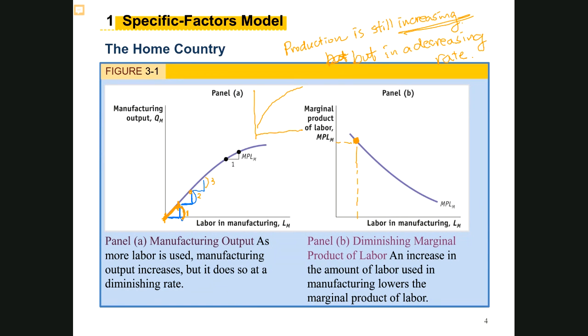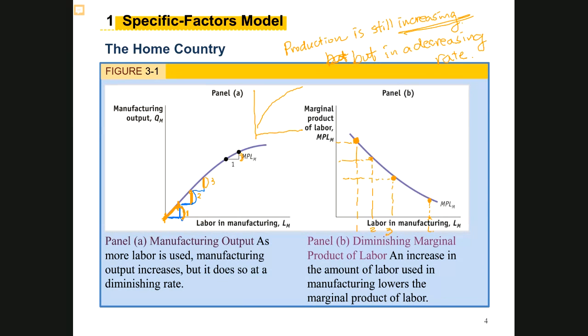The second laborer you hire gives you a smaller marginal productivity of labor, which is this part. And a third laborer you hire gives you an even smaller MPL. At last, this is what you get. This is the last one.